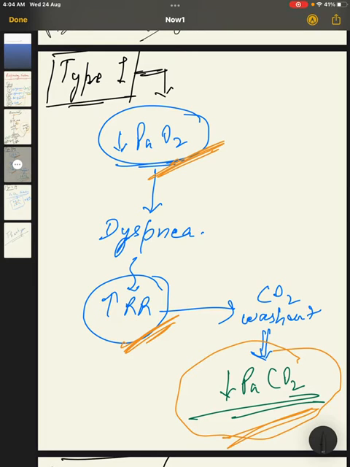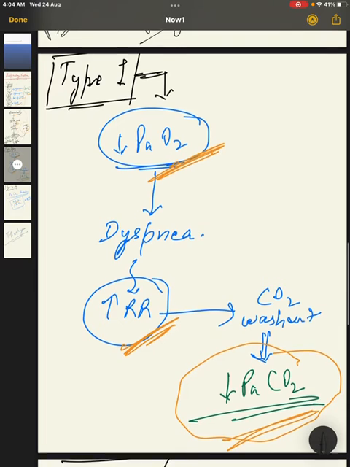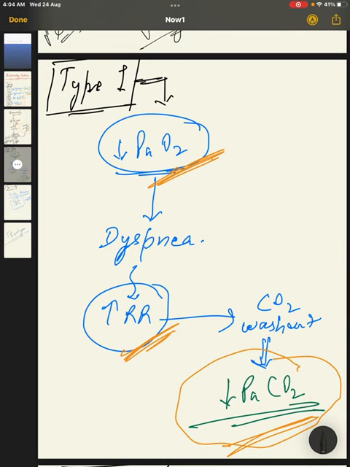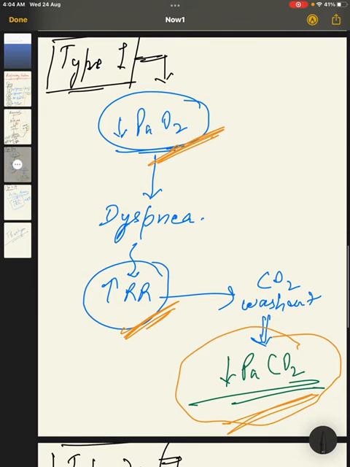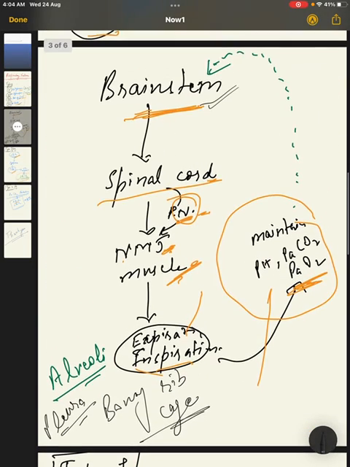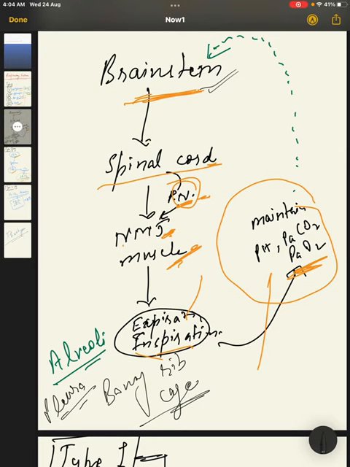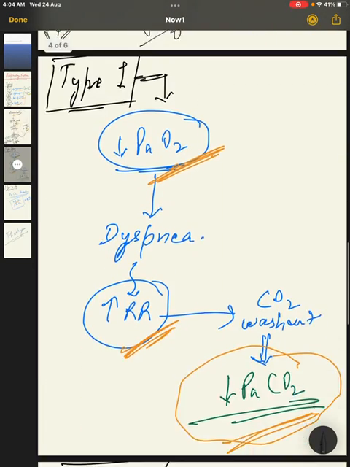Please don't be confused about what happened to the partial pressure of oxygen and what happened to the CO2. Just keep in mind the fact that type 1 respiratory failure is the hypoxemic respiratory failure. Type 2 is the hypercapnic respiratory failure, and by understanding this loop you can understand basically everything regarding respiratory failure.